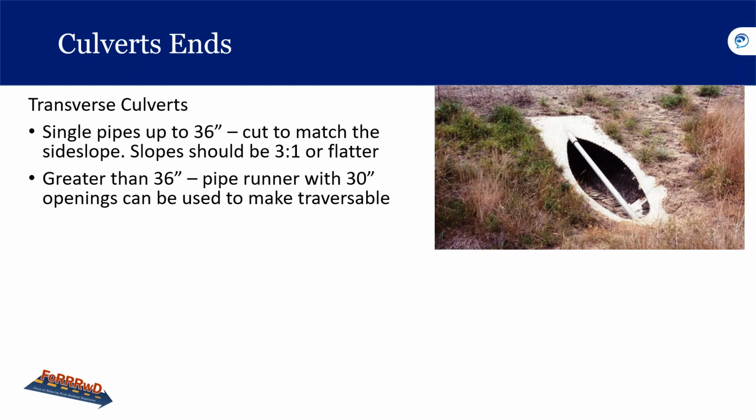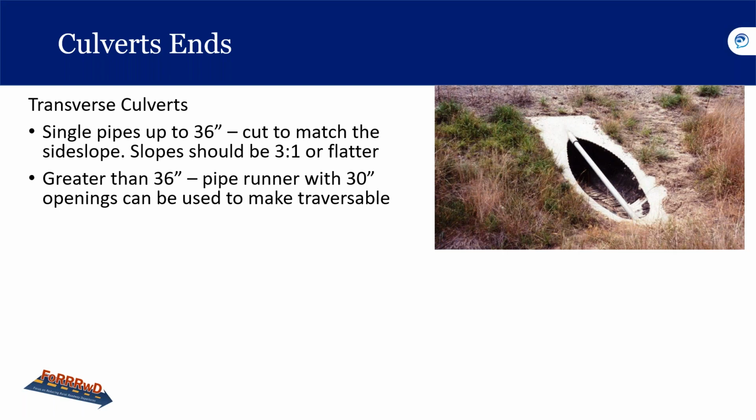And our next countermeasure is working on the ends of culverts to make them traversable. So, traversable culverts. What we have a picture of there is a pretty large pipe.